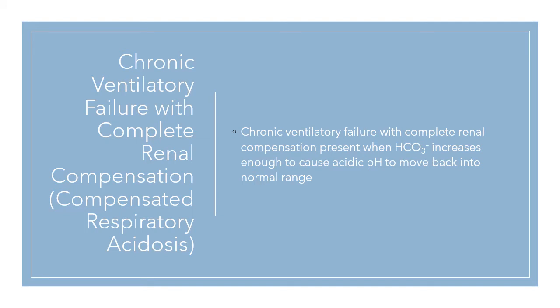So let's talk about chronic ventilatory failure with complete renal compensation, or fully compensated respiratory acidosis. Chronic ventilatory failure with complete renal compensation is present when the bicarb increases enough to cause the acidic pH to move back into the normal range.